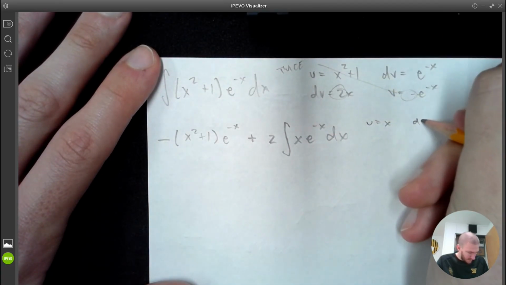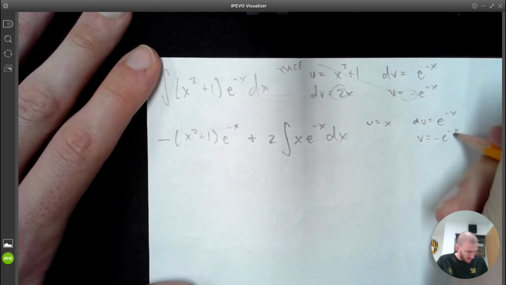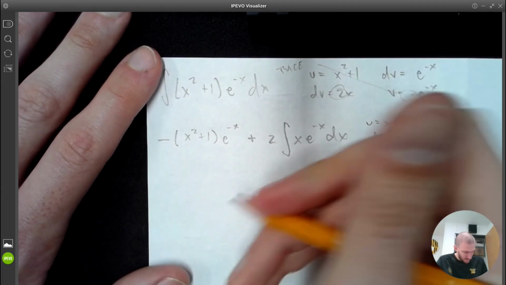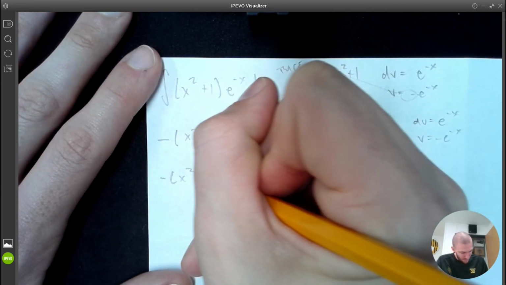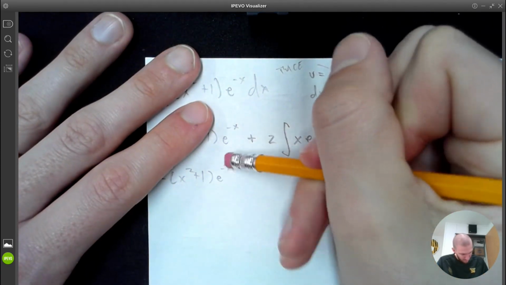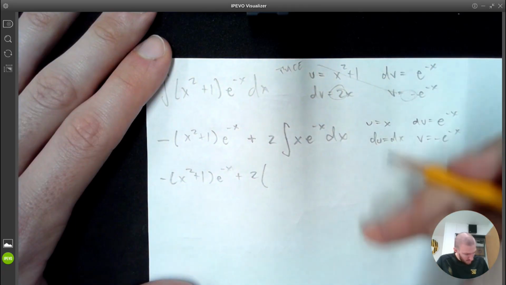u equals x, dv equals e to the negative x, v is equal to negative e to the negative x, du is equal to dx. So we have negative (x squared plus 1) e to the negative x plus 2 times.